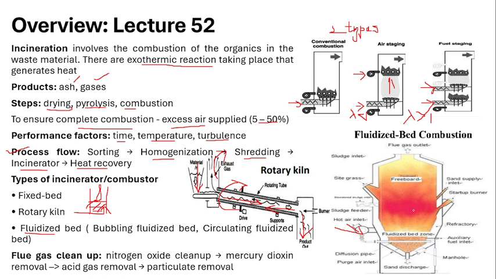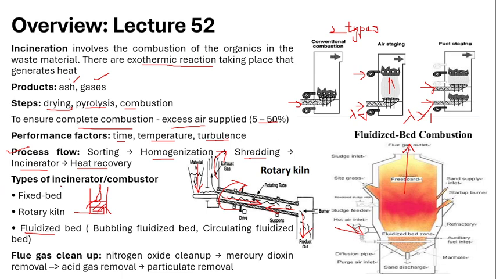After burning, in each step, we will see the drying, pyrolysis, and combustion. Finally, the output gas, the flue gas, will be collected here, and whatever residues are formed will be removed later. Okay, this is what happens in the fluidized bed.